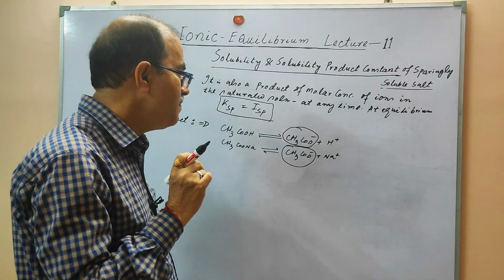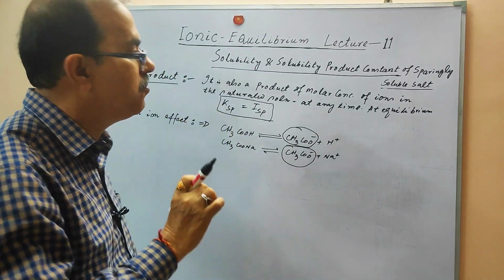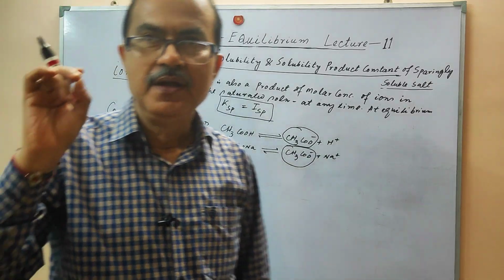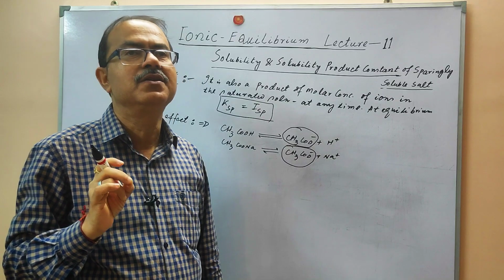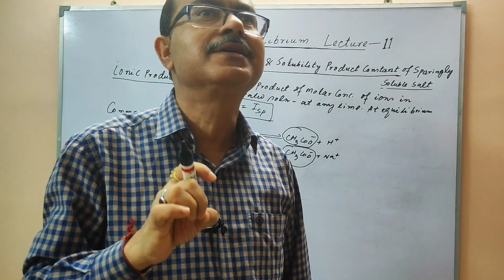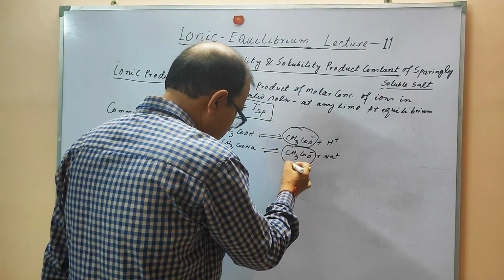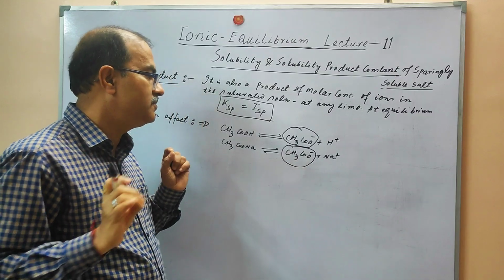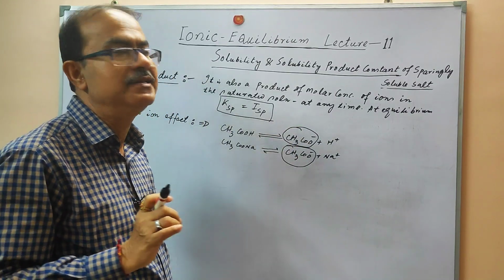It says that when the concentration of any product or reactant is increased, the reaction will proceed in the direction where this introduced product or reactant will be consumed. So here, when we add CH3COONa, the concentration of acetate ion has increased.